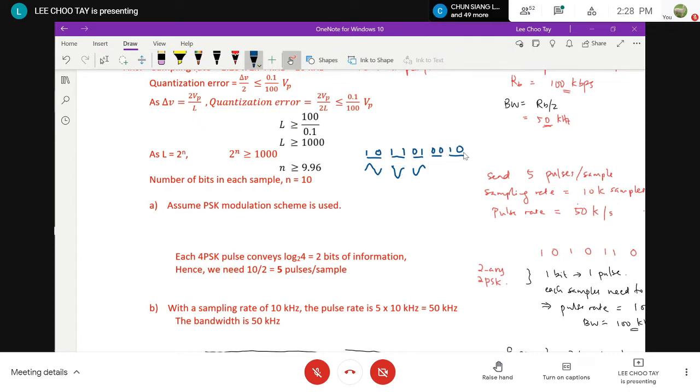Maybe different phase angle, but we need 5 pulses. That's how our pulse rate is multiplied by 5 of the sampling rate. So with the pulse rate at 50 kilohertz, that means our bandwidth is 50 kilohertz.